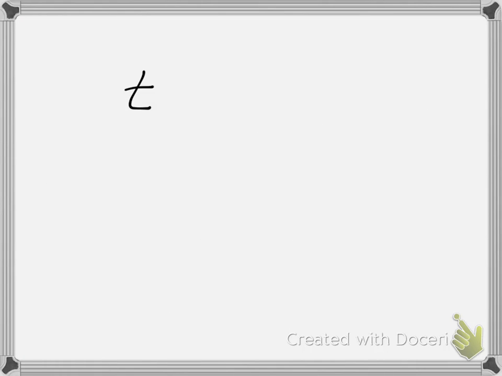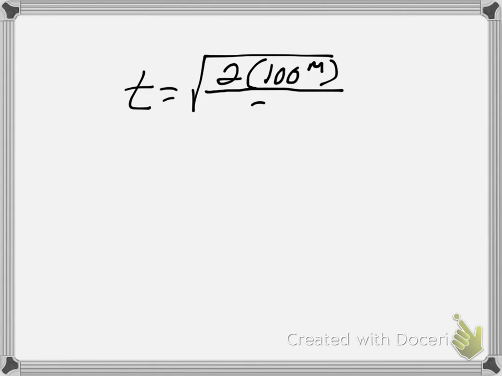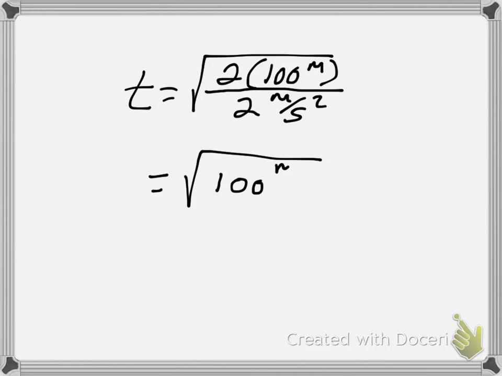So t is going to be equal to the square root of 2 times our distance of 100 meters divided by our acceleration of 2 meters per second squared, and this is just going to be the square root of 100 meters divided by meters per second squared.